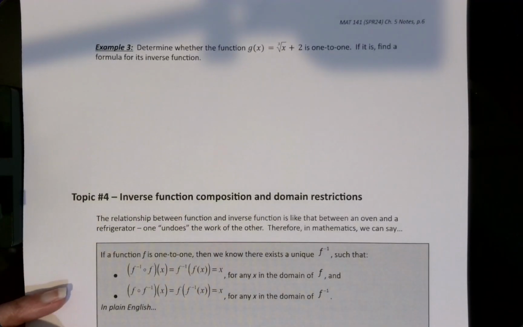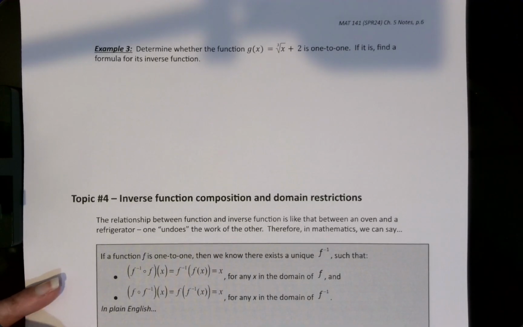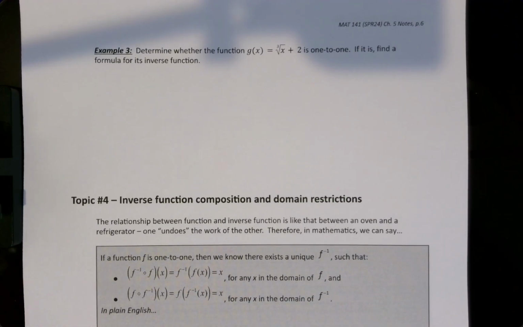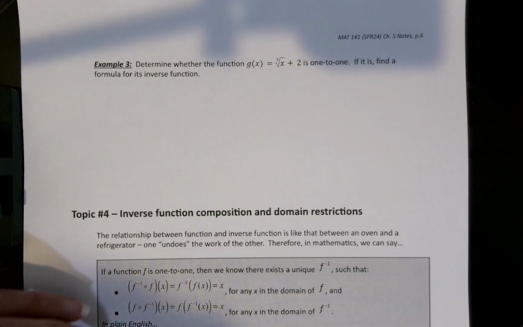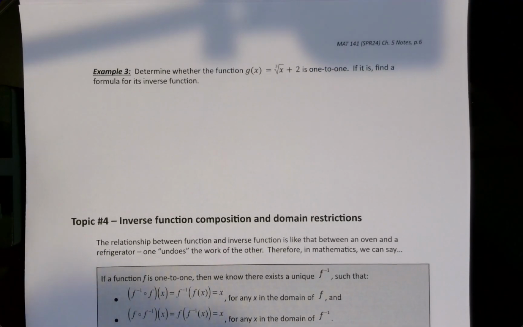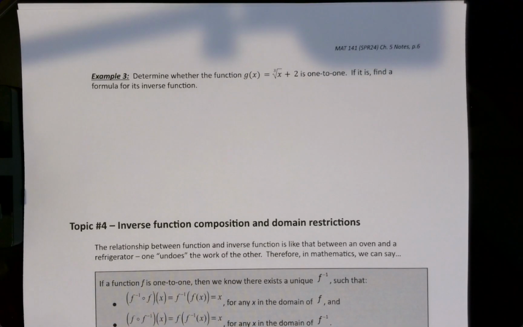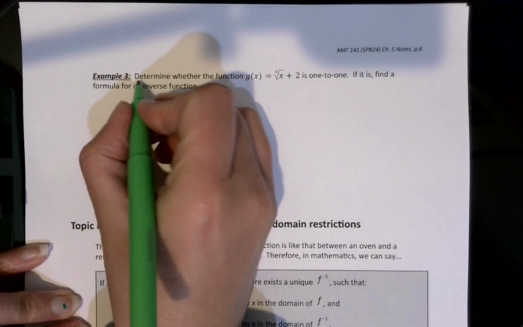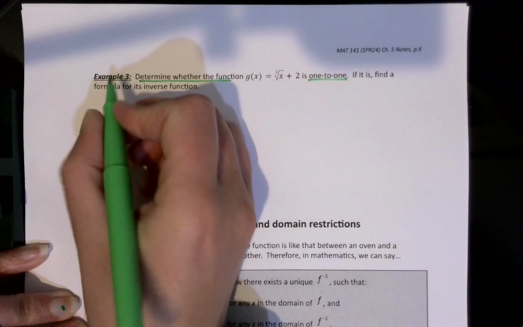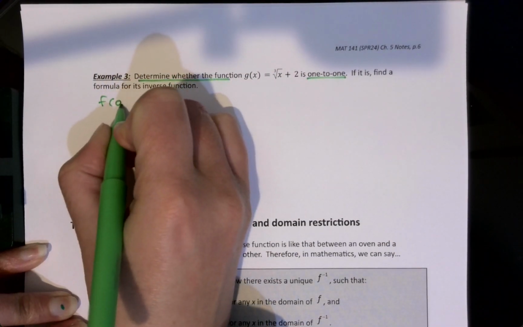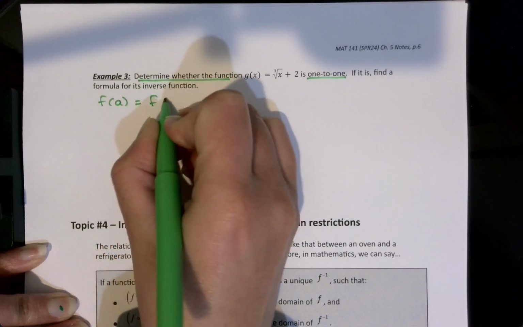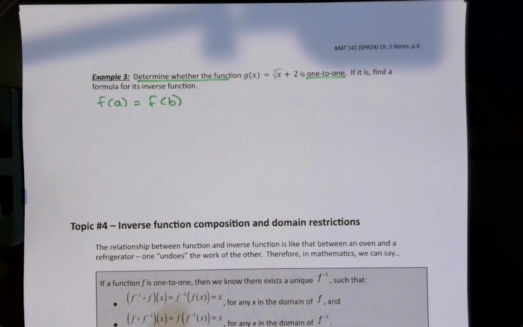So let's determine whether this function here is 1-to-1. And if it is, we're going to find a formula for its inverse. There are two ways to determine if it is 1-to-1. One of those ways, recall, was solving to determine if the statement f of a equals f of b is going to guarantee that a is equal to b. So we'll start here.